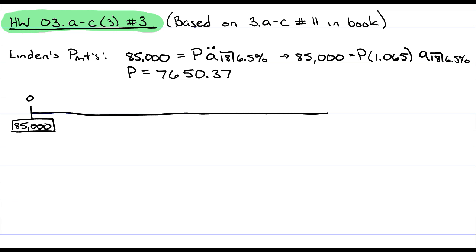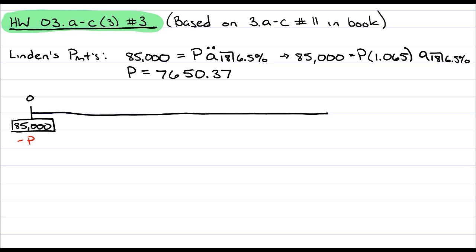All of the other transactions that they make are going to be money that they are paying out. So we know that they have to make annual payments to Lyndon in the amount of P. So I don't have to keep writing 7,650.37 over and over again, let me put P here. And maybe I'll just put minus P to indicate that that's money getting paid out.